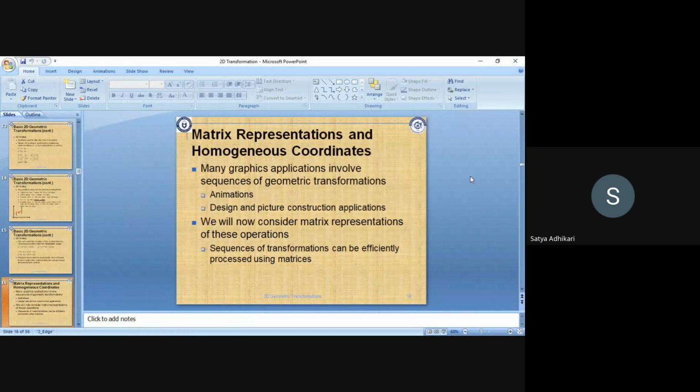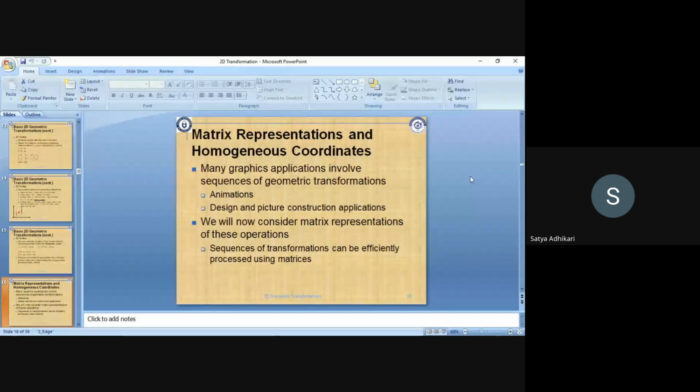Another benefit we get if we represent it in homogeneous coordinates is that sequential transformation can be efficiently processed. Sequential transformation means we want to apply translation, then rotation, then scaling. Or first scaling, then translation, then rotation.